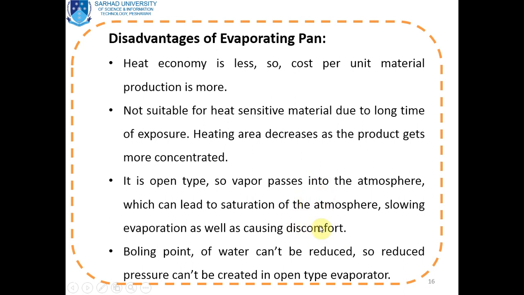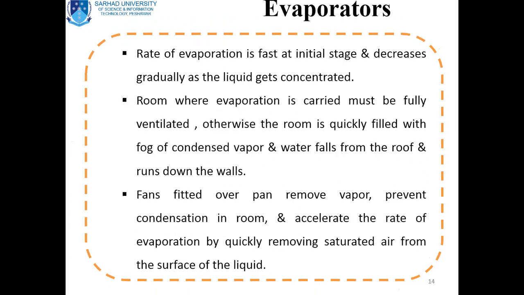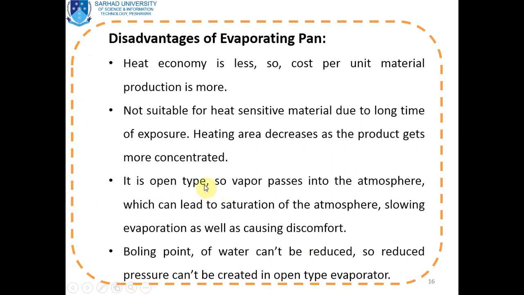Proper ventilation should be done by installing fans fitted over pans to remove vapor and prevent condensation in the room. Otherwise it creates problems, slowing the evaporation process as well as causing discomfort.